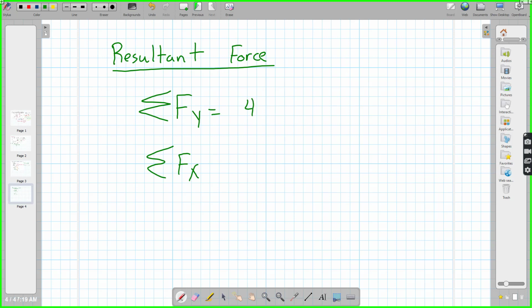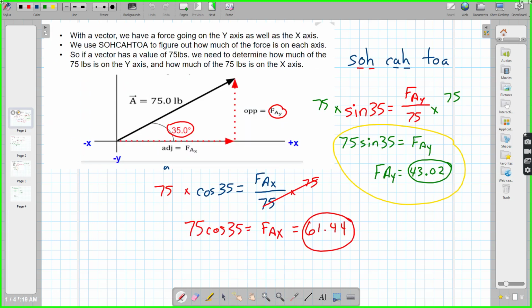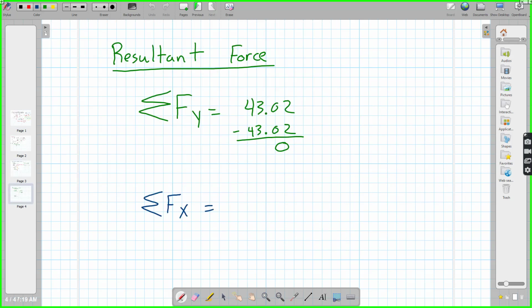Well, 43.02 and negative 43.02 is going to equal 0, right? Now let's take a look at our x's. In our first example we had 61.44, and in our second example we also had 61.44. So these are just going to add together, and we have 122.88 pounds going in the x direction, right?